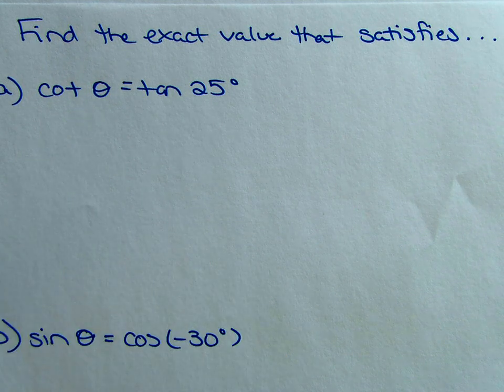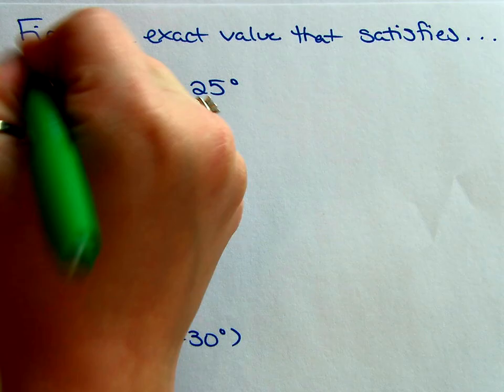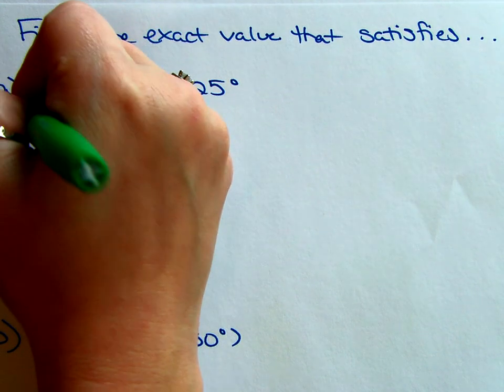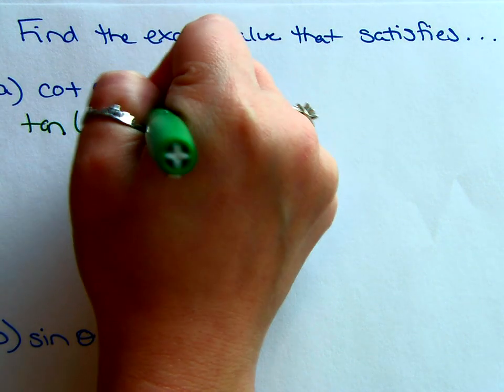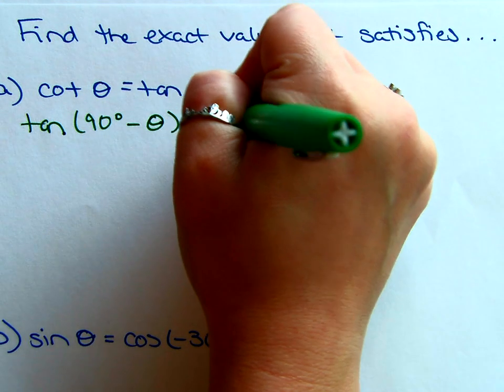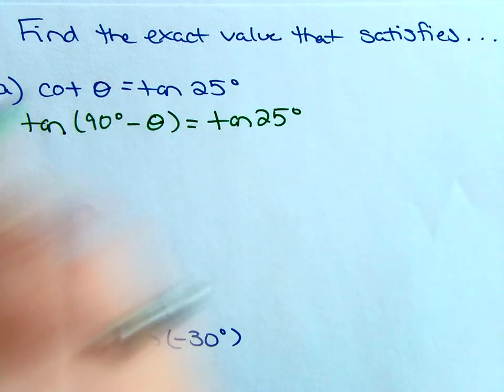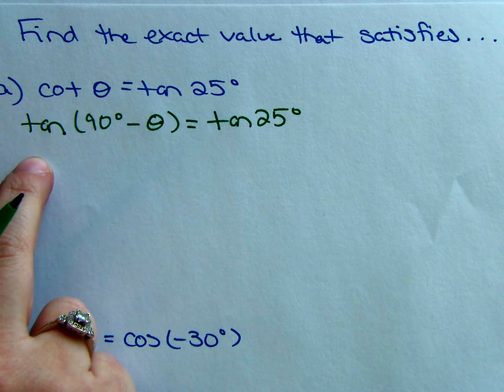Yeah, it equals tangent of 90 minus theta, right? So instead of writing cotangent of theta, we could write tangent of 90 minus theta. And I didn't do anything to the right-hand side. All I did was change cotangent of theta into tangent of 90 minus theta.